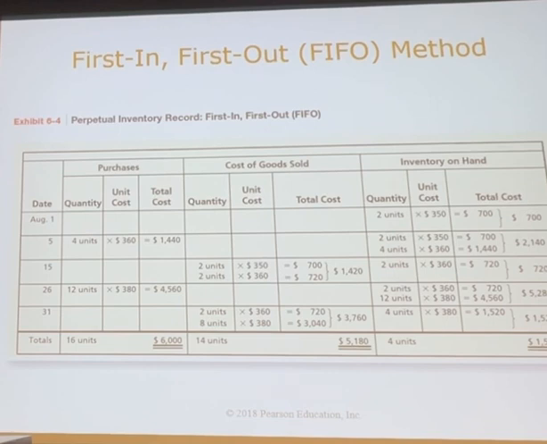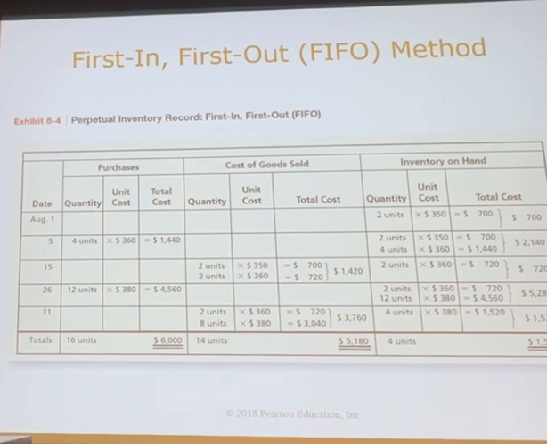So we'll have to assume that we sell those 2 older units. We sell the 2 that we paid $350 for. Therefore, the other 2 that we sell will have to be 2 of the ones that we paid $360 each for. And therefore, what's left in inventory after that sale will be 2 of the units that we purchased more recently that we paid $360 each for.